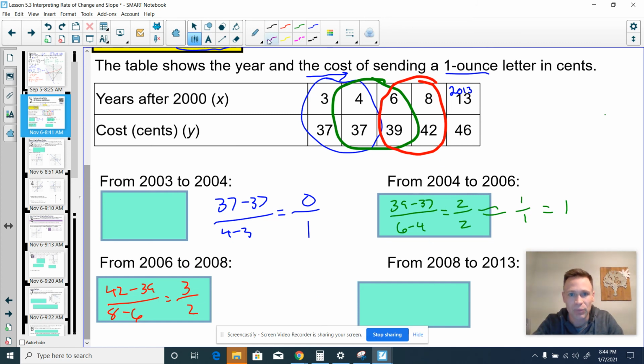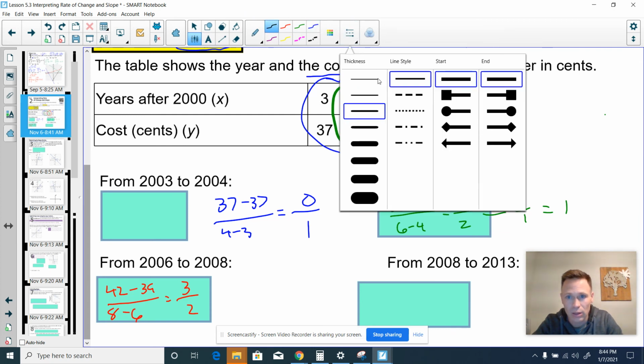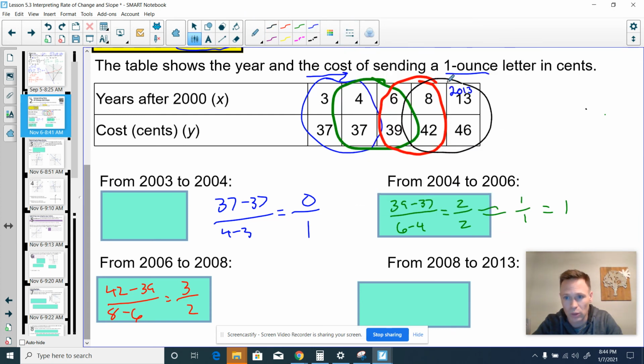Last one here, I'll do that in black. My change in y is 46 minus 42, and my change in x is 13 minus 8. So 46 minus 42 is 4 cents, 13 minus 8 is 5 years. And so it's a 4/5 change. So over the course of those 5 years, it changed 4 cents.